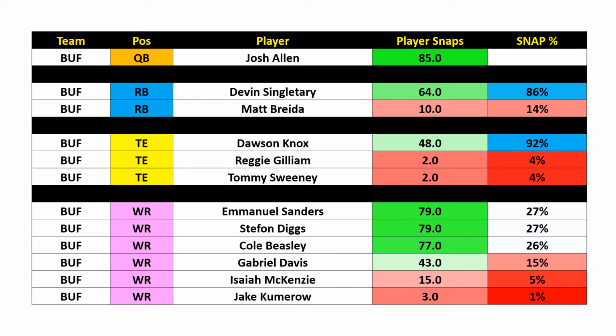Buffalo, Singletary and Breida was there. Singletary dominated. Knox, obviously, dominant. And just didn't do a lot for us. Could have done better. Sanders, Diggs, Beasley. 1A, B, and C. That is not our friend if we spend a lot of capital on Diggs.